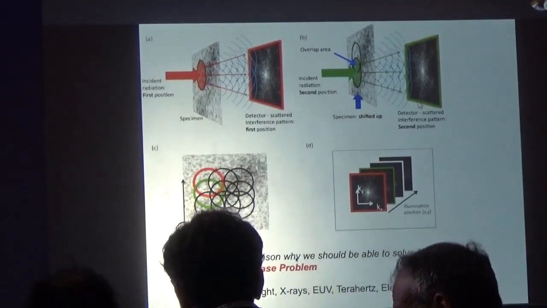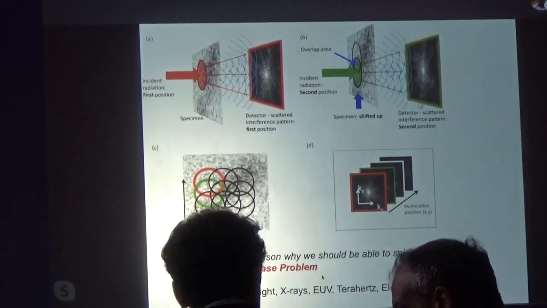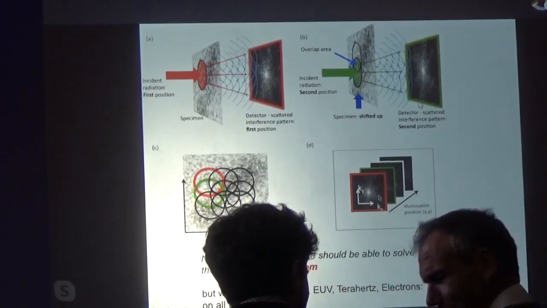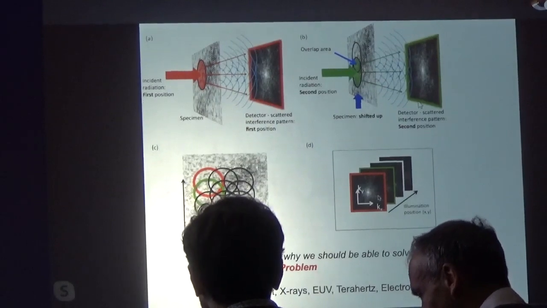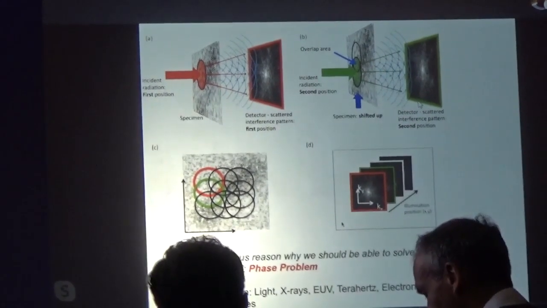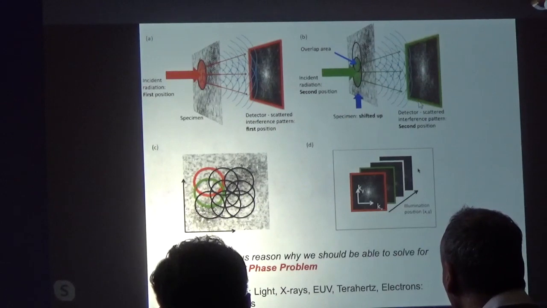Now, there's no obvious reason why we should be able to solve the object, because we have the phase problem. In other words, we can only measure our diffraction patterns in intensity, and we lose the phase. However, we can. And once we can, this method is applicable to any propagating waves.